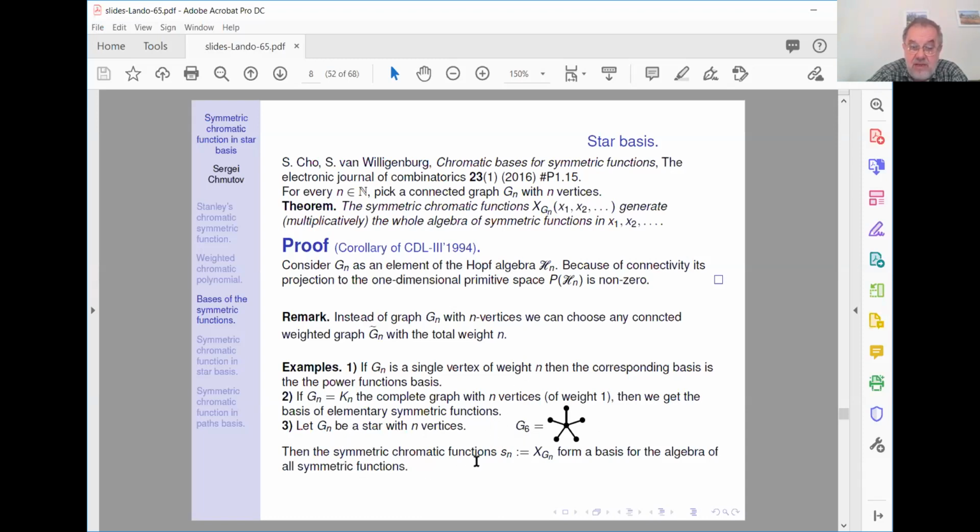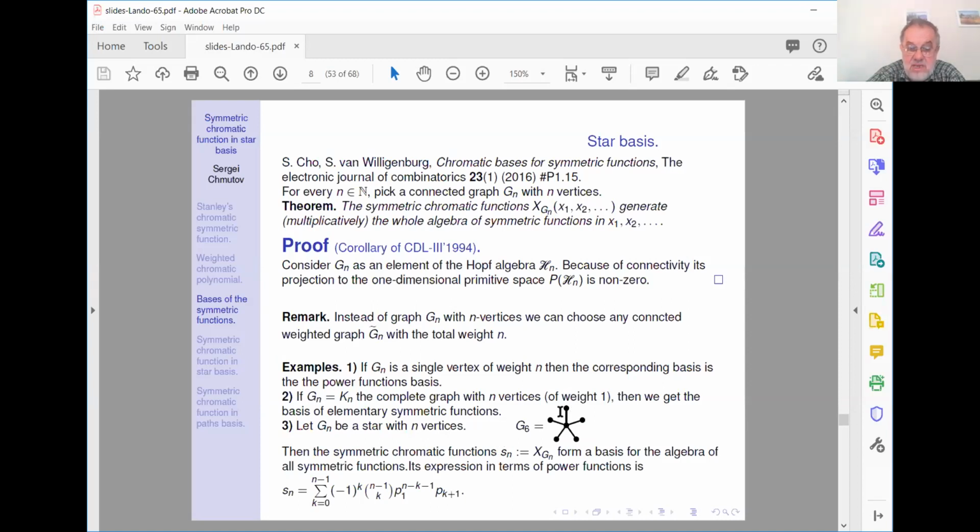If I take the symmetric chromatic function of such a graph, that is a basis for all symmetric functions. And it can be expressed in terms of power symmetric functions according to that formula. It is very easy because it is a very symmetric graph.